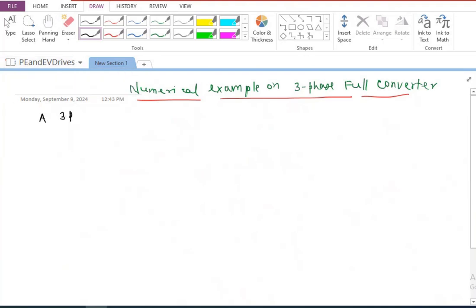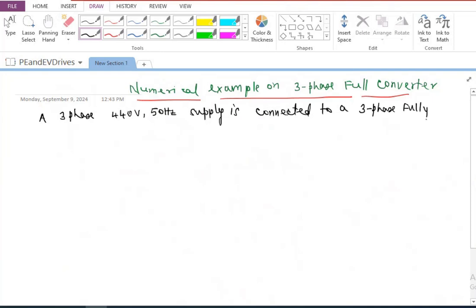A three-phase 440 volts, 50 hertz supply is connected to a three-phase full converter or fully controlled rectifier feeding a 300 volts, 20 ampere hour battery.